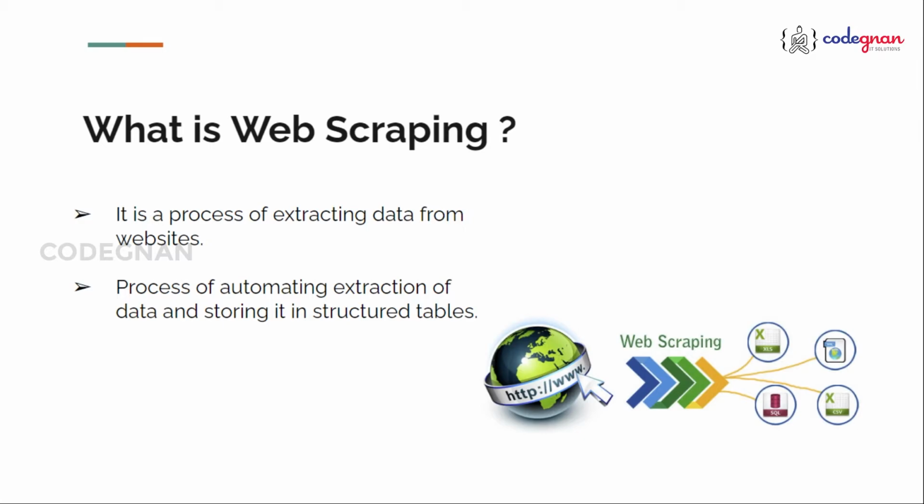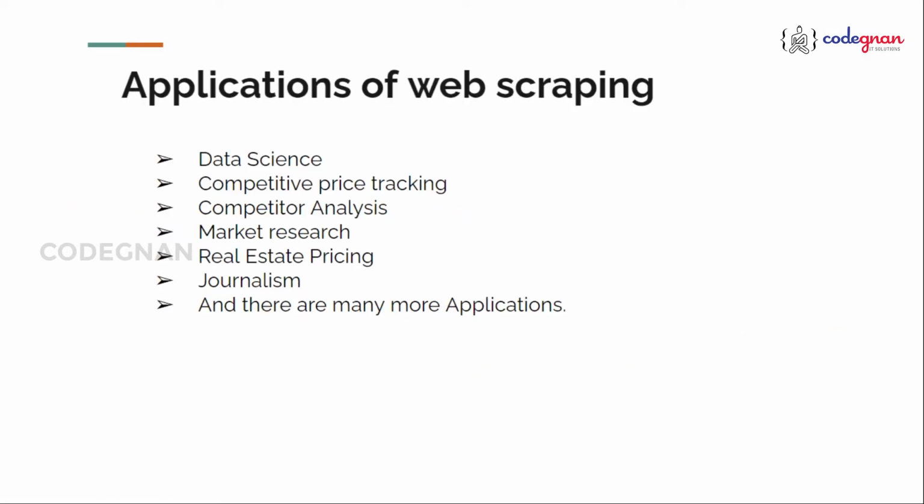There are different libraries in Python, but here we will talk about just two libraries and we'll see what they are. It is a process of automating extraction of data and storing it in structured tables like your CSV file, Excel file, or SQL databases, right? So this is your web scraping.